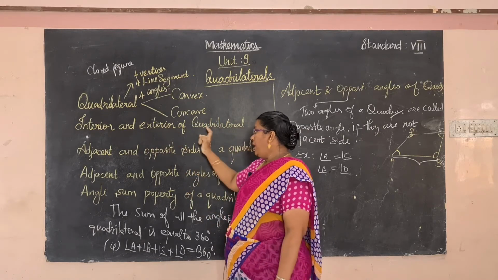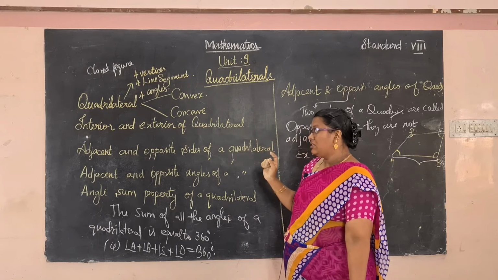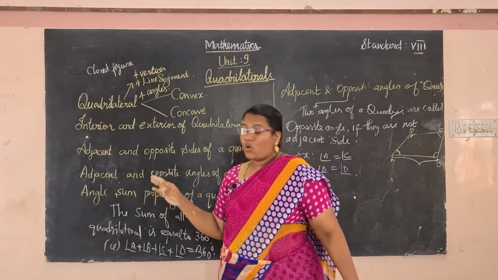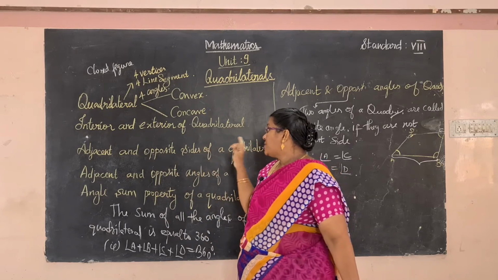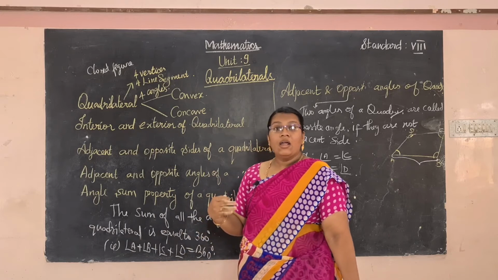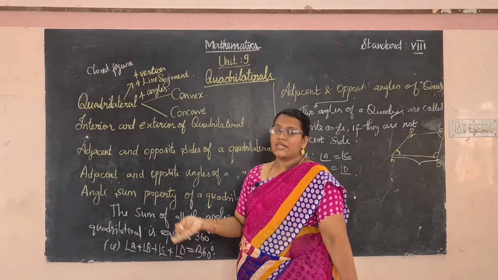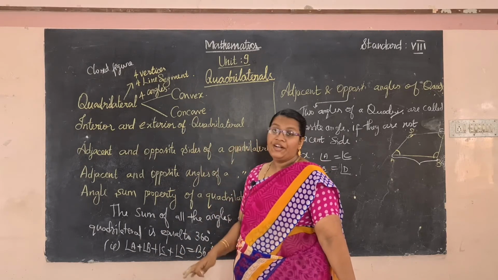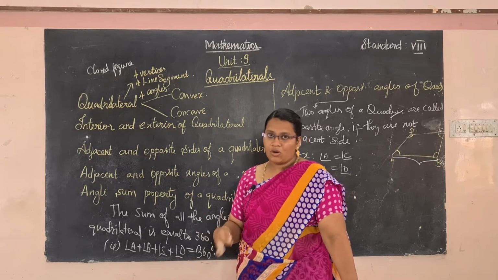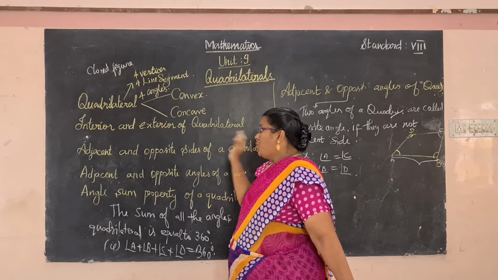And then interior and exterior of the quadrilateral. Interior means all the points lying inside of the quadrilateral. Exterior means all the points lying outside of the quadrilateral. Boundary means all the points lying on the line segments.